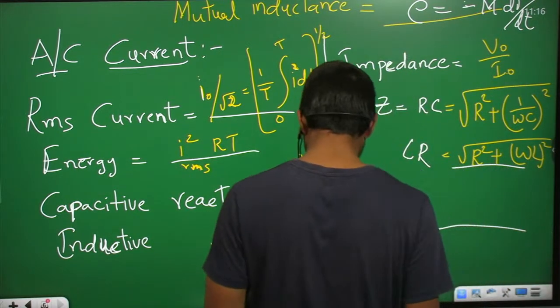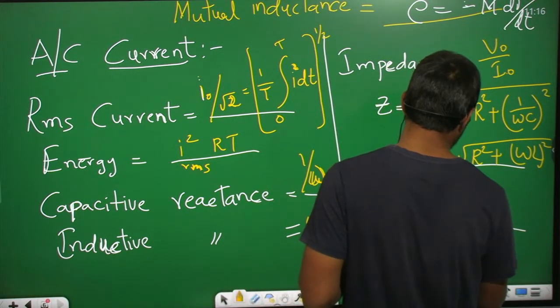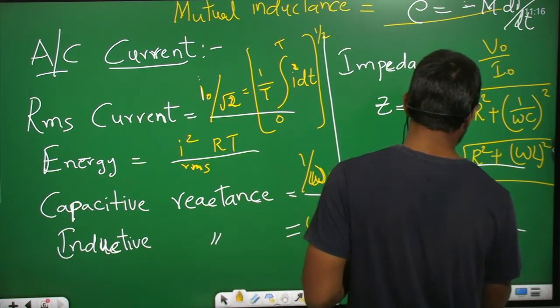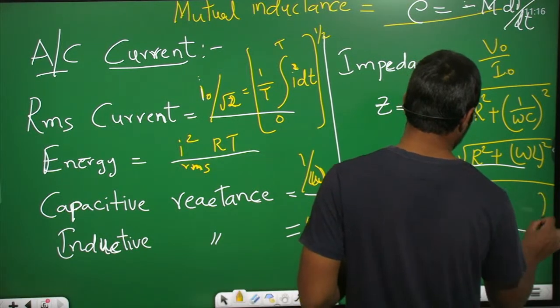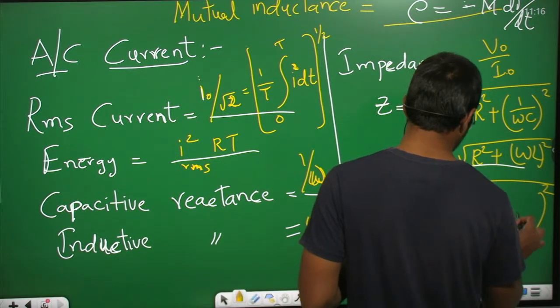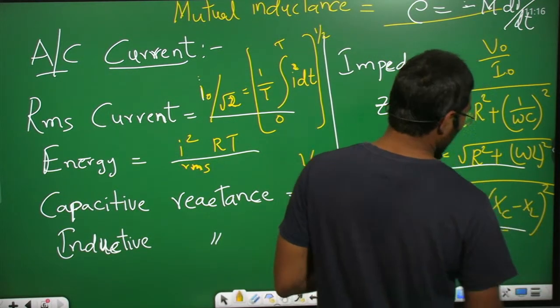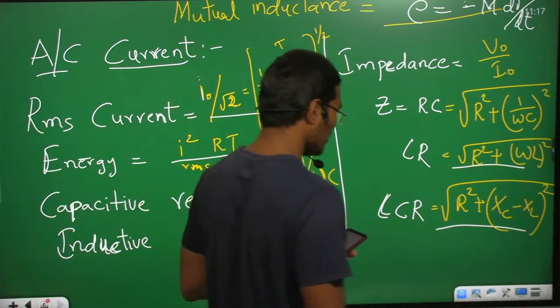So what is this for LCR? Under root R square plus... XC is 1 by omega C, XL is omega L, right?